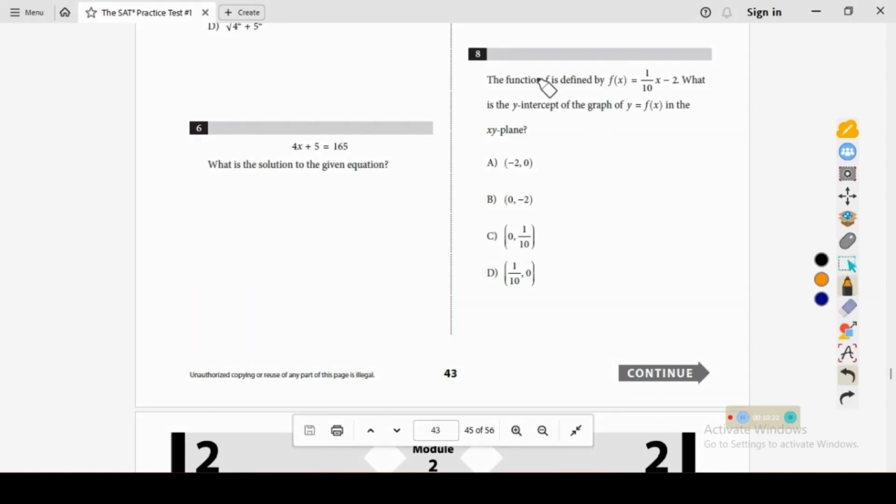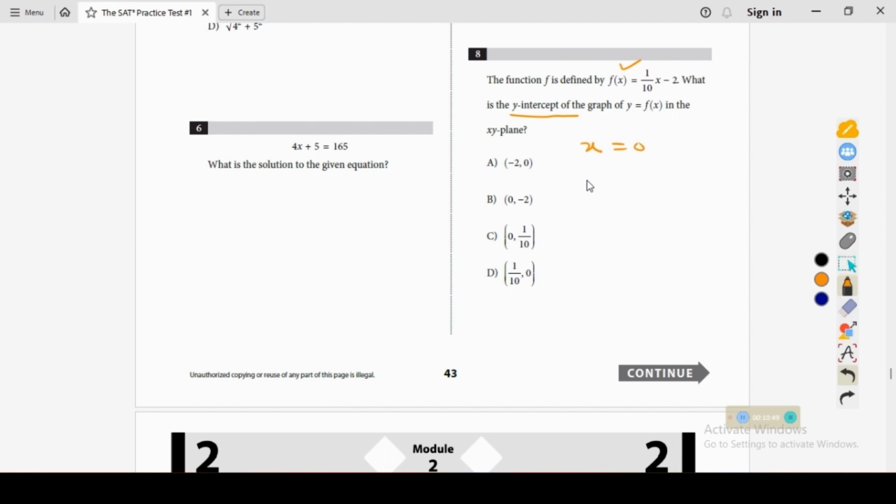In question number 8, the function f is defined by f of x equals 1 by 10 times x minus 2. What is the y-intercept of the graph of y equals f of x in the xy plane? To find the y-intercept of the graph, we set the value of x equal to 0.